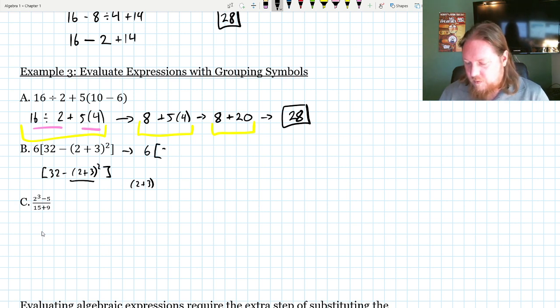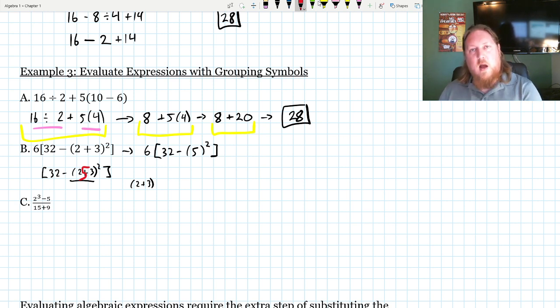6 times 32 minus 2 plus 3 is 5 squared, and square brackets. Now I'm back to the square brackets, right? And I know this 2 plus 3 here is actually a 5. So I'm going to think, what's 5 squared? I'm going to do that part first, because I have to take care of the exponents first. 5 squared is 25.